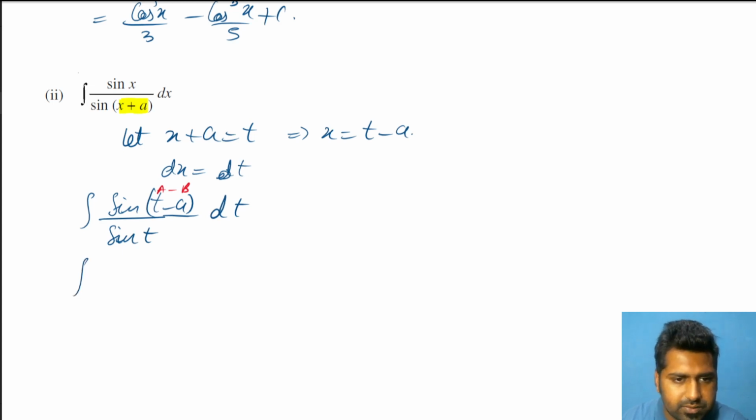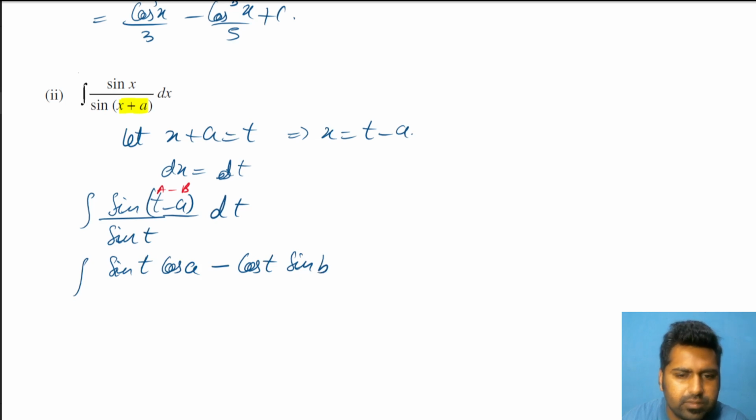So this becomes integration of, let's use the property, sine a minus b is sine a cos b minus cos a sine b. Oh, sorry, I was writing sine plus b. You need the property of sine a plus b and sine a minus b. Trigo will never leave you in integration. Trigo will be a key part.